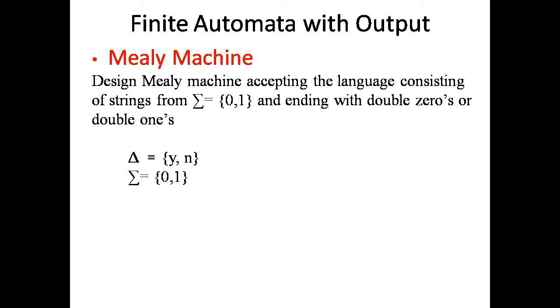Let us assume that the output alphabet delta is equal to {yes, no} and sigma is equal to {0, 1}. Y, that is yes, will be the output if the string is accepted, and N, that is no, will be the output if the string is not accepted by the machine.